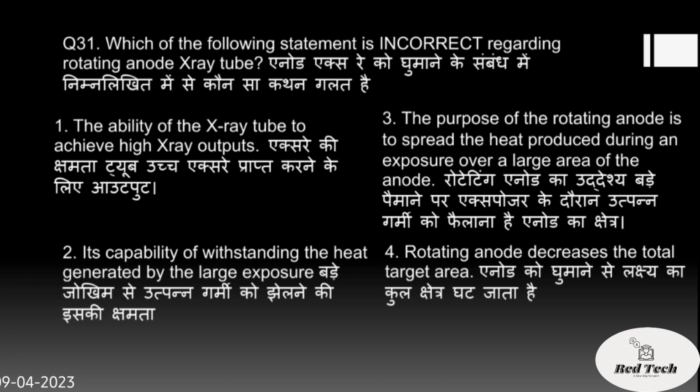As we go to the second option, its capability of withstanding heat generated by large exposure. While using the rotating anode, its heat capacity also increases, which allows large exposure. So that option is also correct.